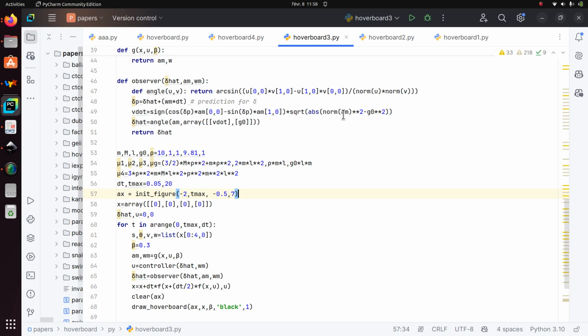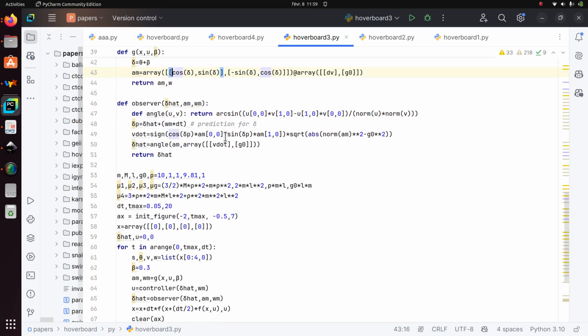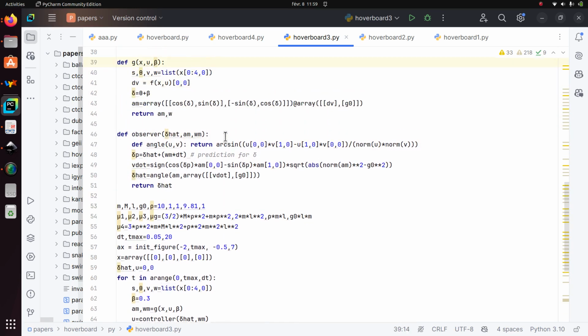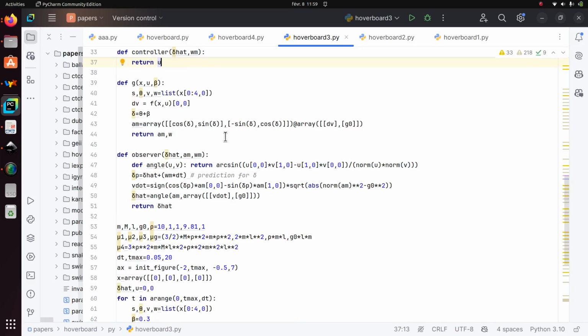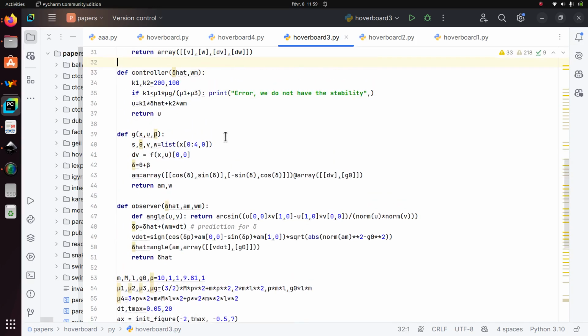Then I compute with the formula an approximation of v dot, and the angle between what I measure and what I'm supposed to have in the world frame gives me an approximation, delta hat. Then my controller will use delta hat and Wm in order to compute my proportional and derivative control, as shown previously.